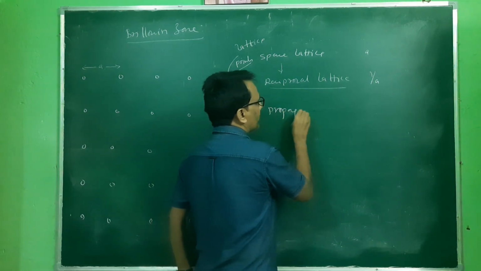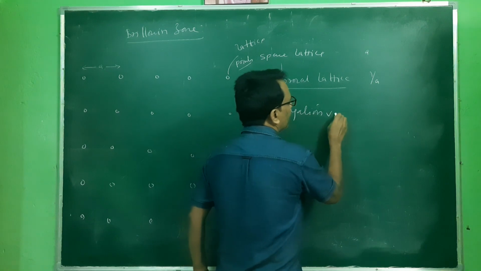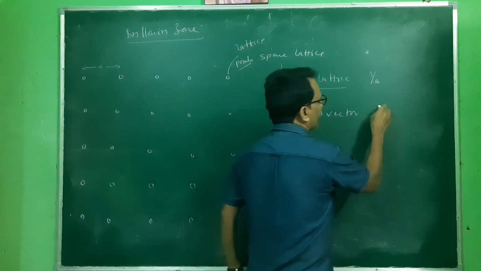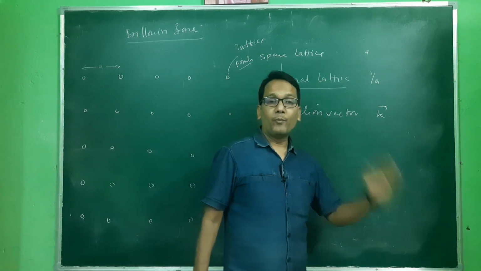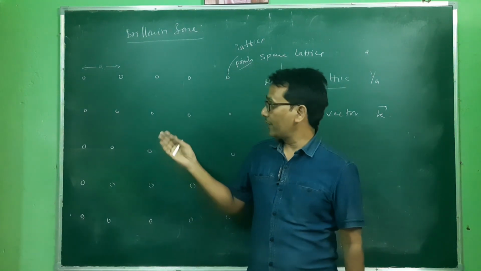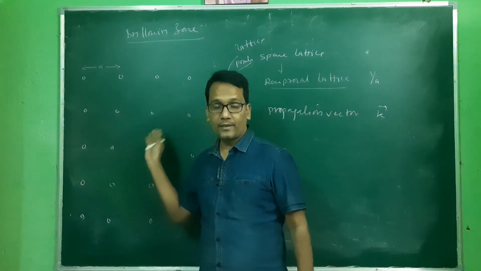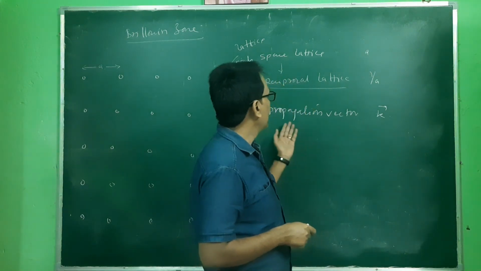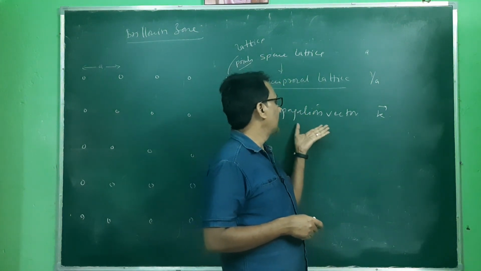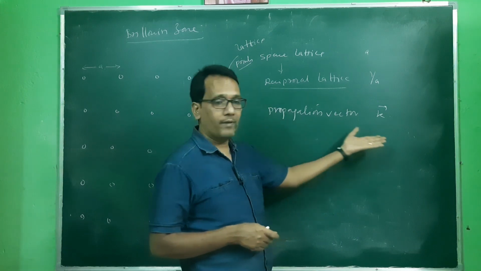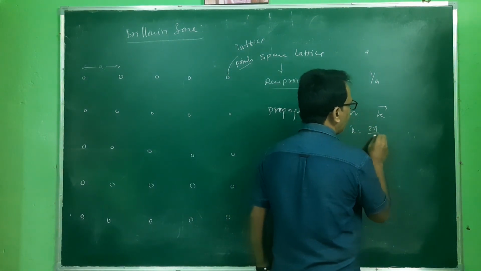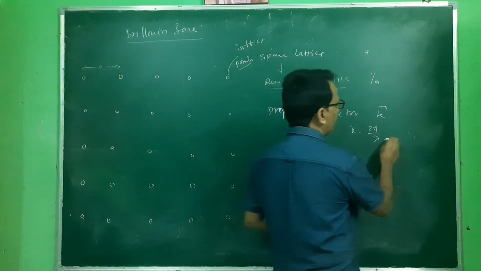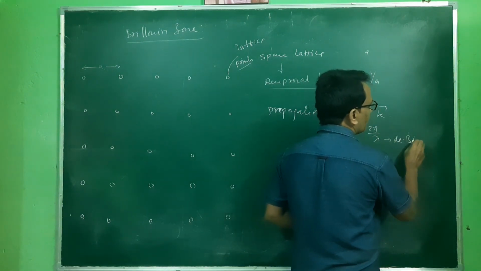this propagation vector K controls the momentum of the electron in the periodic potential inside the space lattice. Here K is equivalent to 2 pi by lambda, where lambda is the de Broglie wavelength.